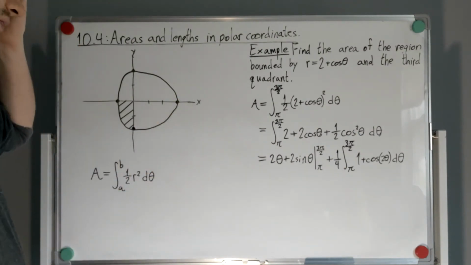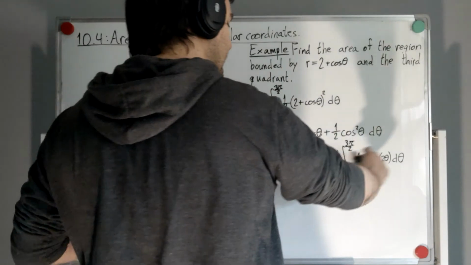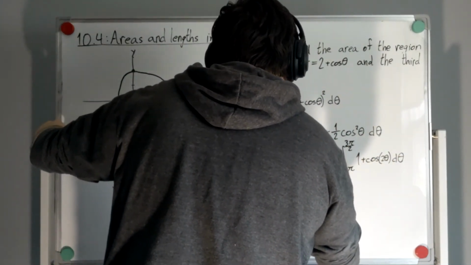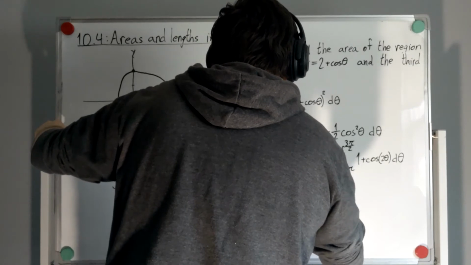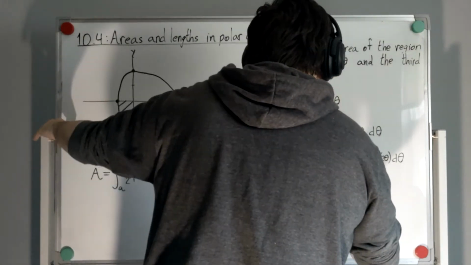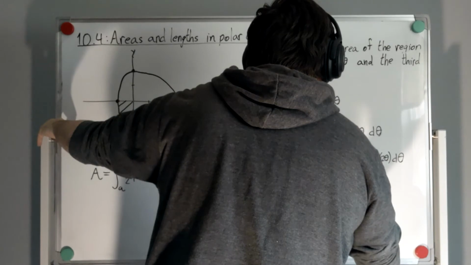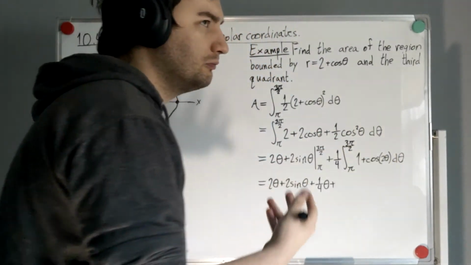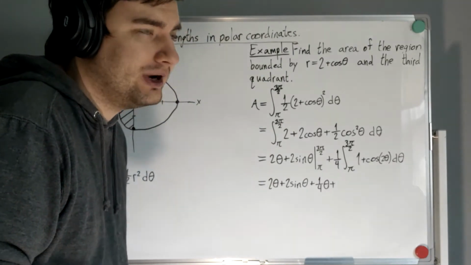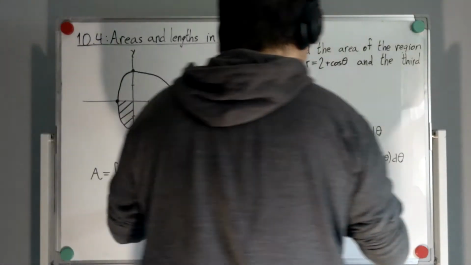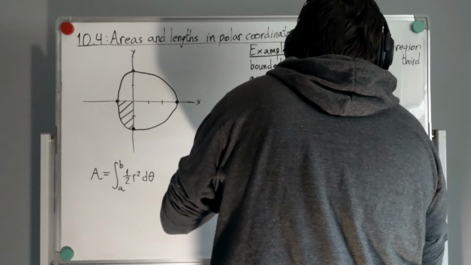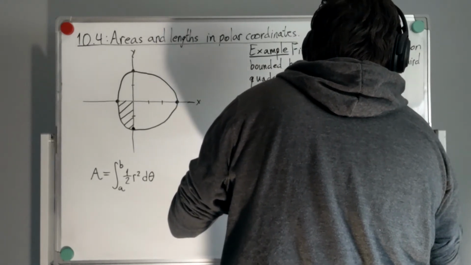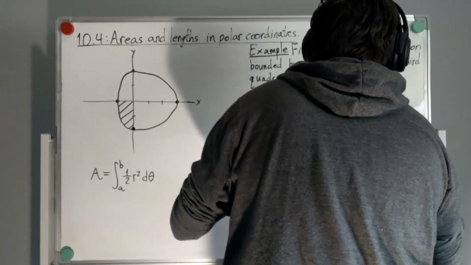Right then, so once again, this antiderivative just turns into 2 theta plus 2 sine theta, and then this new antiderivative is going to be 1/4 theta plus 1/4 times 1/2 sine 2 theta. So that makes 1/8 sine 2 theta. All of this is evaluated from pi up to 3 pi over 2.